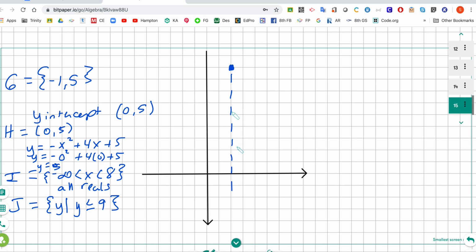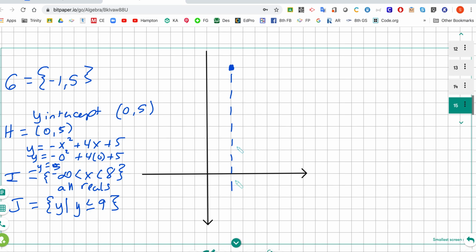That's why our axis of symmetry is the line where x equals 2. So our first thing to graph is our vertex. The second thing to graph is our axis of symmetry. The next thing that we're going to graph is going to be our x and y intercepts.